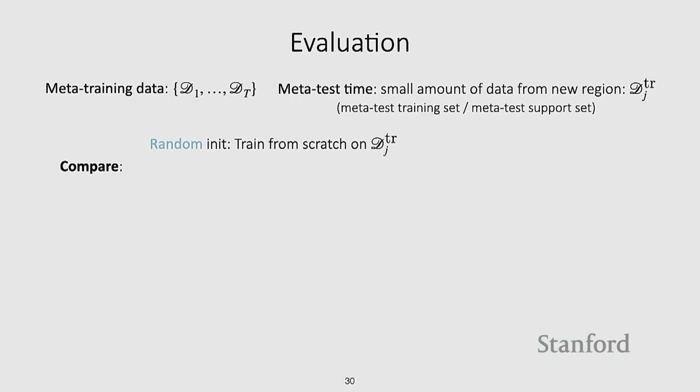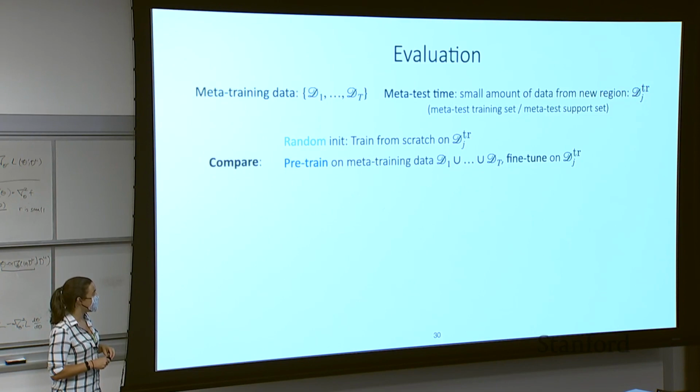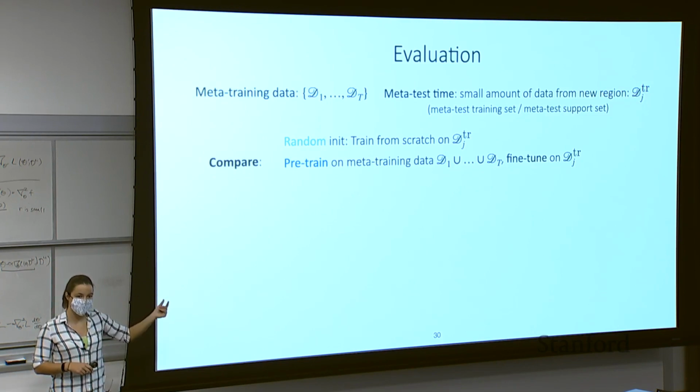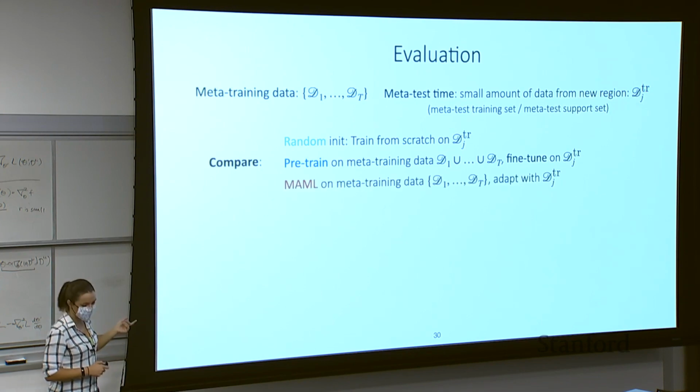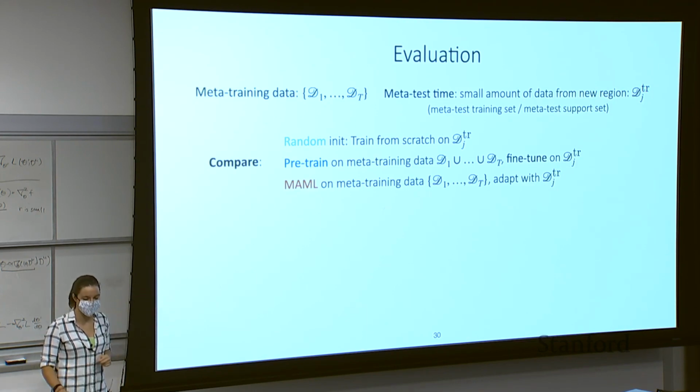So this is just training from scratch on the support set for the test task. They also compared to pre-training on all of the meta-training data and then fine-tuning a network on the data from the target region. And then they also evaluated model-agnostic meta-learning on the meta-training data and then adapting with a small amount of data on the target task.